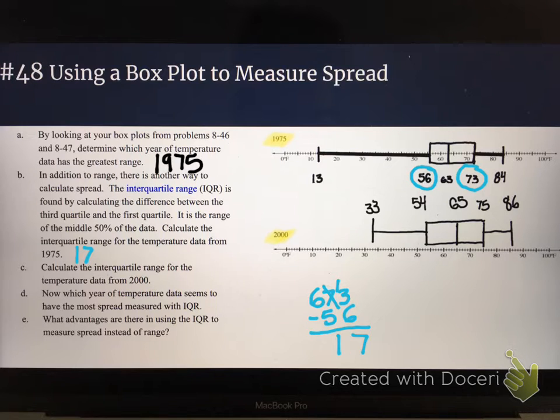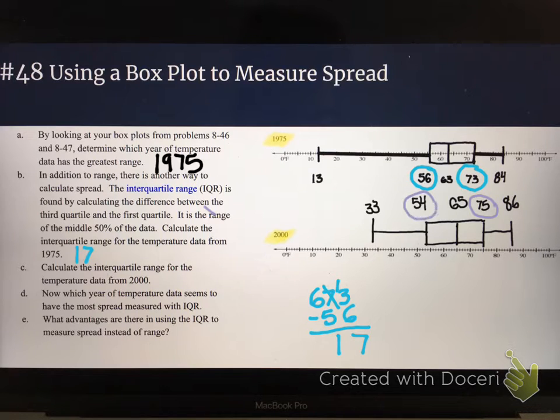Now it says, calculate the interquartile range for the temperature data from the year 2000. So I'm going to go ahead, use a different color. Okay, so locate your quartile 3 in the year 2000. That's right. Good, 75. And then locate your first quartile, or your quartile 1 for the year 2000.